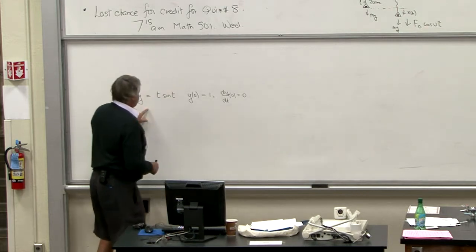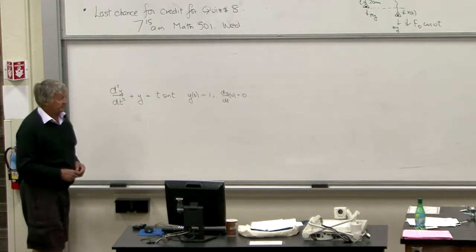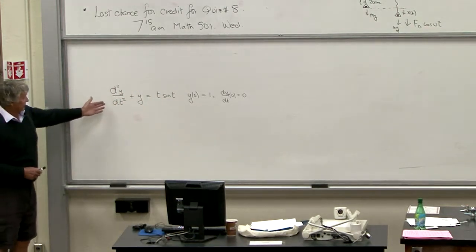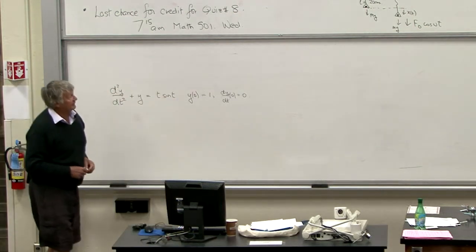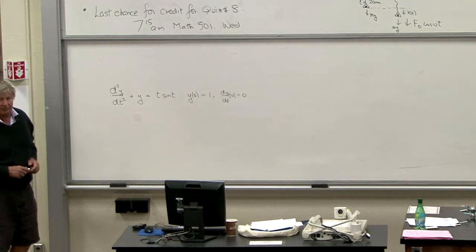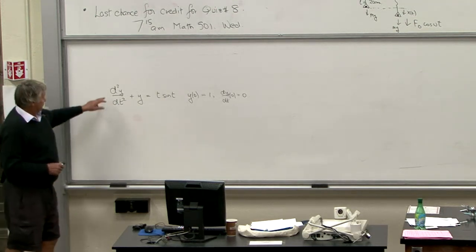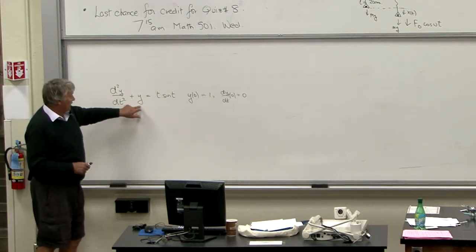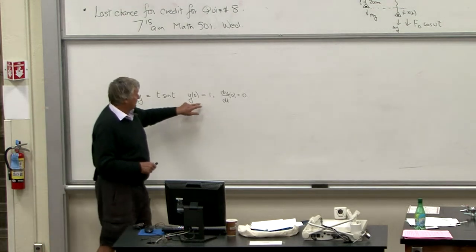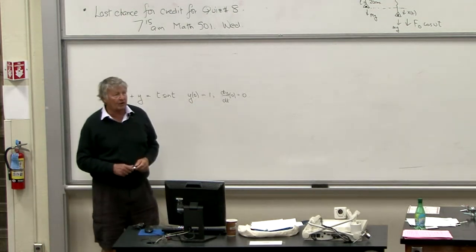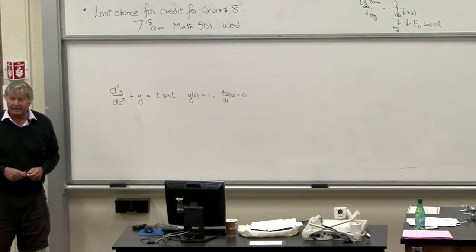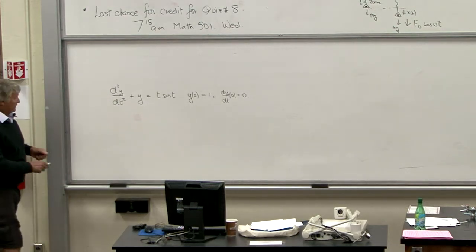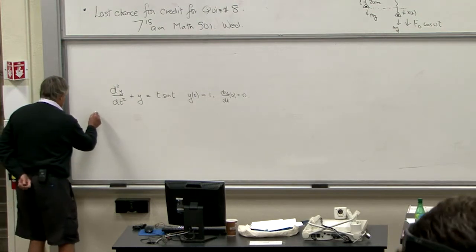So, this is the guy we're going to look at first. This has the form of the equation up on the right-hand side of the upper board. It is d2y by dt squared plus y equals t sine t. Y of naught is 1. dy by dt of naught is 0. All right. We now are going to go through our various steps.